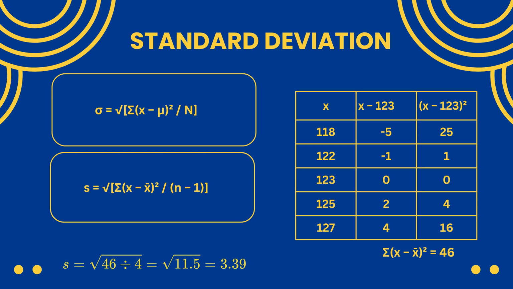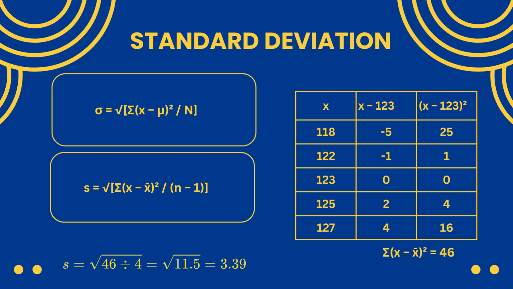So the population standard deviation is given by sigma equals the square root of the sum of x minus mu, whole squared, divided by n, and the sample standard deviation is given by s equals the square root of the sum of x minus x bar, whole squared, divided by n minus 1. In this particular example, the variance is 11.5.